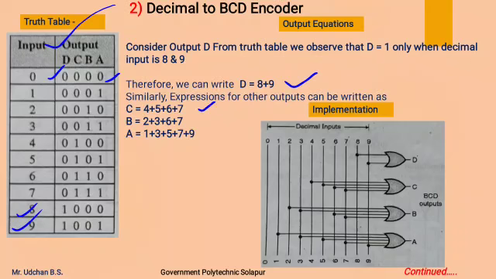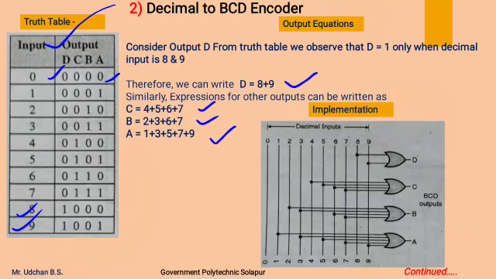So the expression for C is 4 plus 5 plus 6 plus 7. For the B output, the output is 1 for the inputs 2, 3, 6, 7. So the expression for B can be written as 2 plus 3 plus 6 plus 7. And similarly we can write the expression for A as 1 plus 3 plus 5 plus 7 plus 9. Using these expressions we can draw a logic diagram.